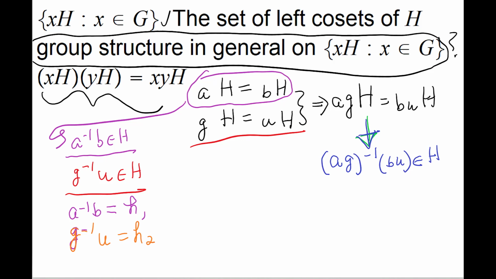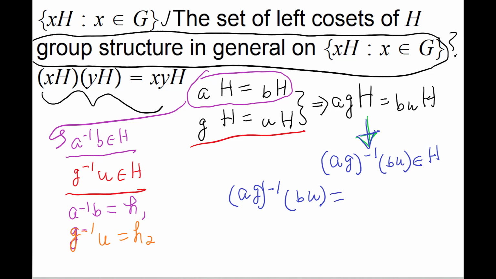All right. And what we want to see is if this will end up in H, and what do I mean by that? ag inverse bu. So let's go over these step by step.